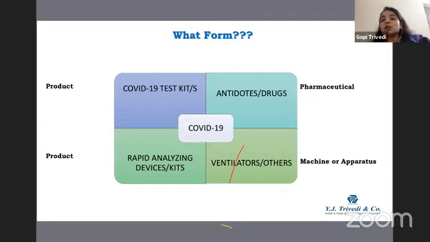All the antidotes, drugs, etc. would fall under the category of pharmaceutical. That's also a product. And ventilators and other medical devices would fall under the machine or apparatus category. Here, each and everything can fall under patentability, considering they are novel, inventive, and industrially applicable.